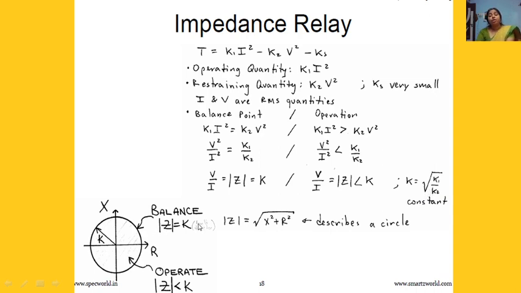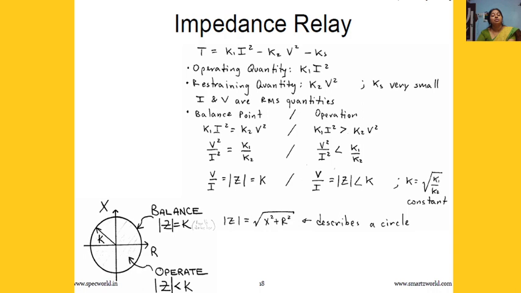Now how can you draw the characteristics of the impedance relay on the R-X diagram? Z is equal to under root of x square plus r square. What is this the equation of?